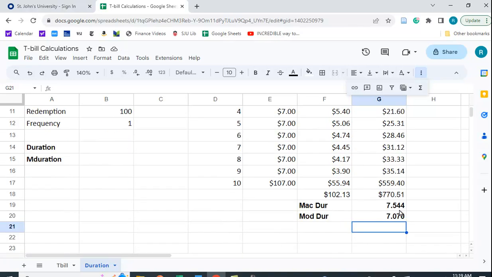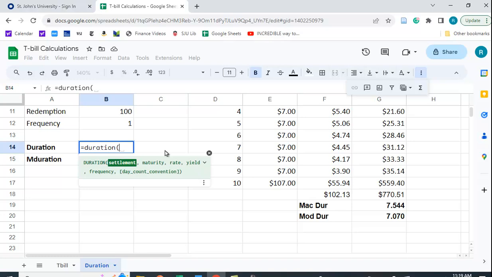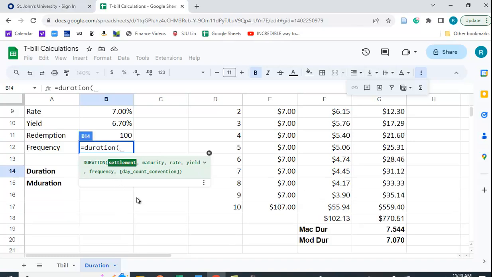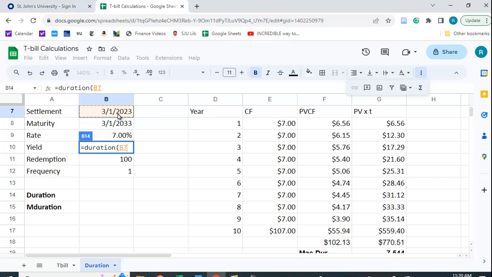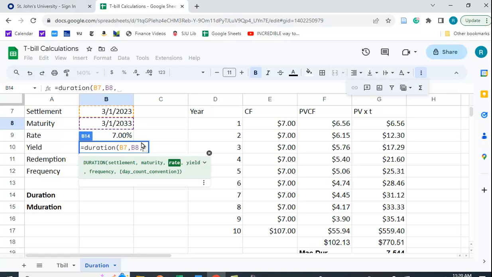It's not really that bad, but there are actually functions in Google Sheets that will do this for you. For the duration function, if you don't have this information here and nothing comes up, just hit that question mark, and it'll tell you in what order to put the arguments. Settlement is the first argument, maturity is the second, then the rate.